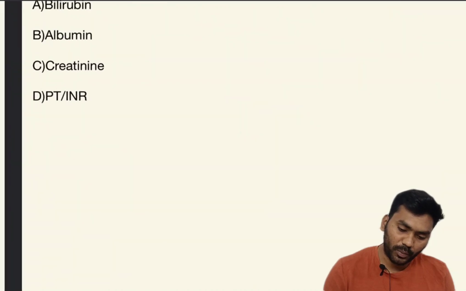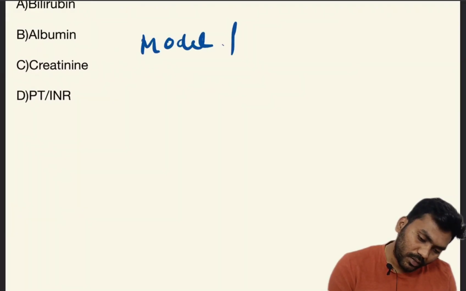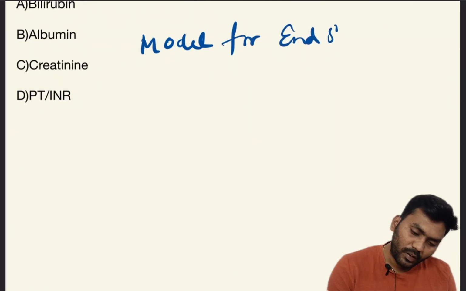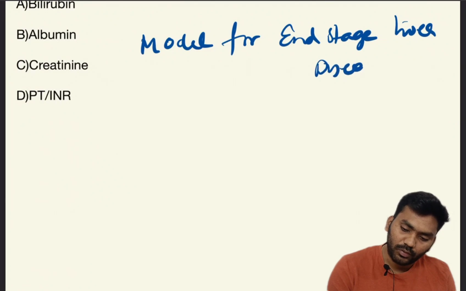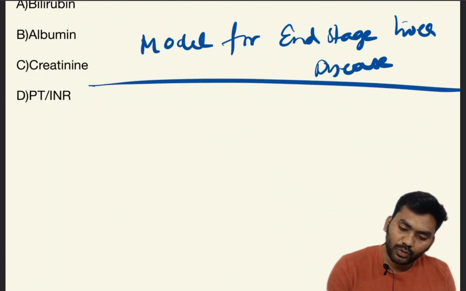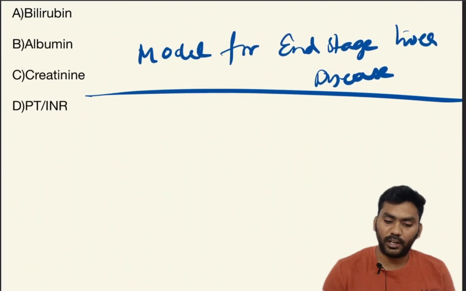One among them is MELD, the Model for End-Stage Liver Disease. This score is very important to calculate prognosis in a patient undergoing a liver transplant.